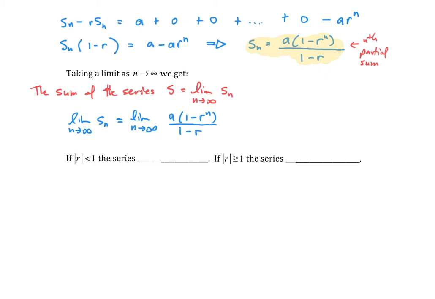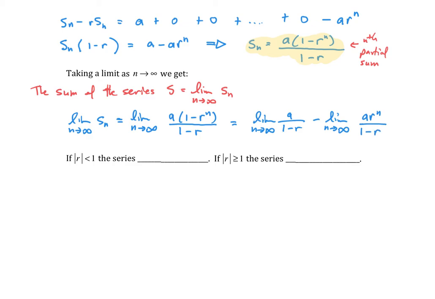If you distribute the A, we can see that this could split into the limit as n goes to infinity of A over 1 minus r, minus the limit as n goes to infinity of A r to the n power divided by 1 minus r, like so.